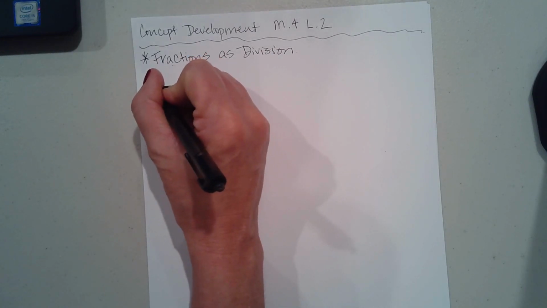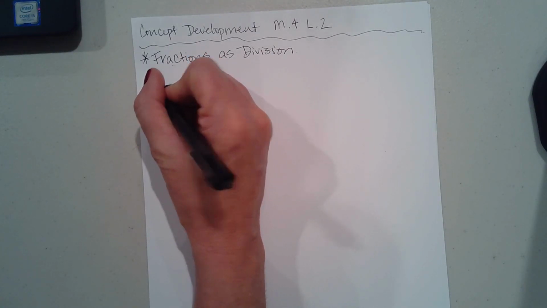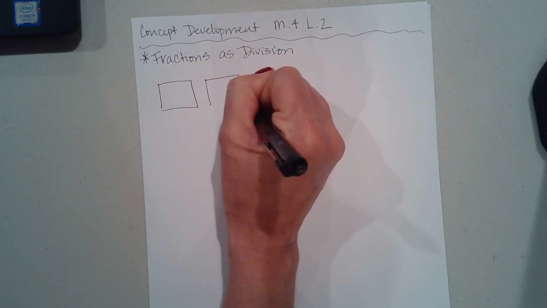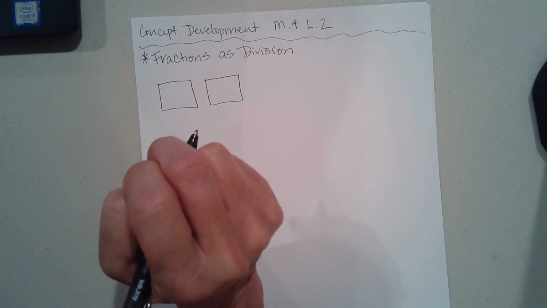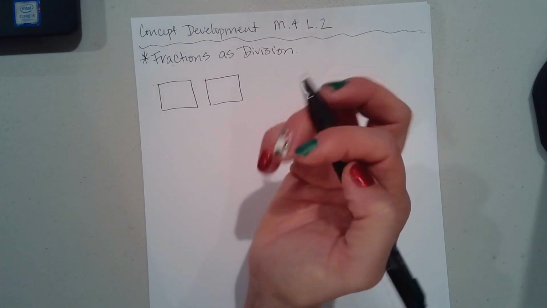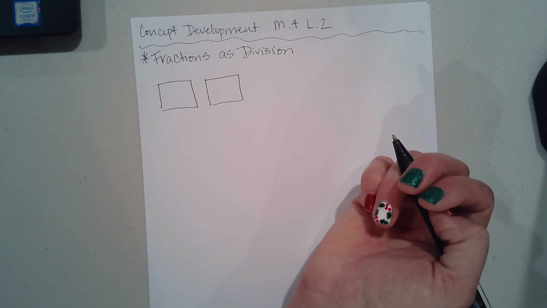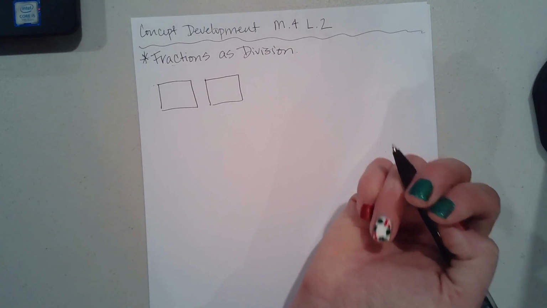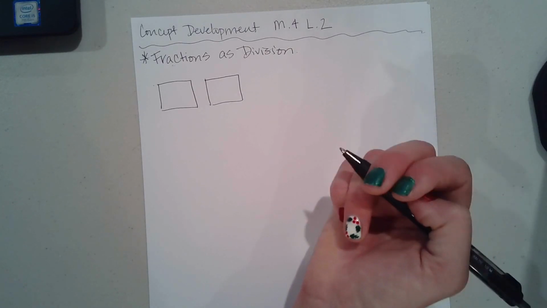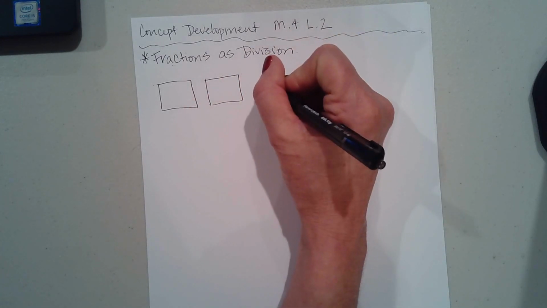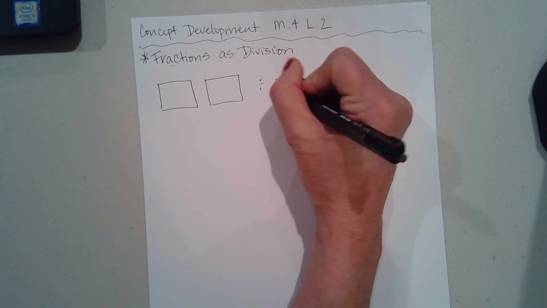Let's imagine you have 2 crackers. Imagine I want to share these crackers equally between 2 people. How many crackers does each person get? So 2 divided by 2 people.